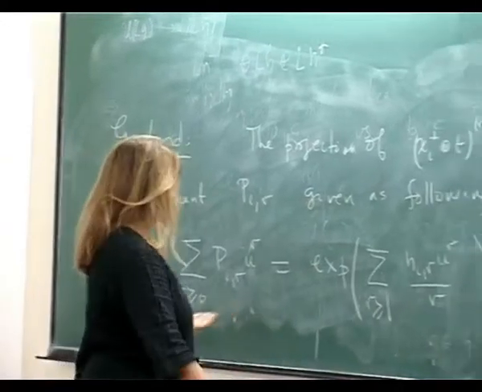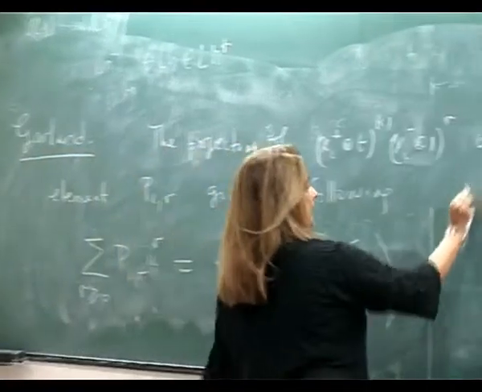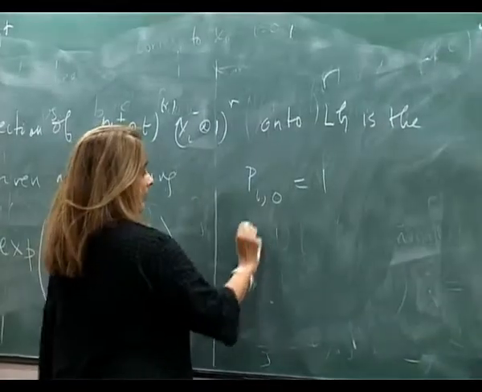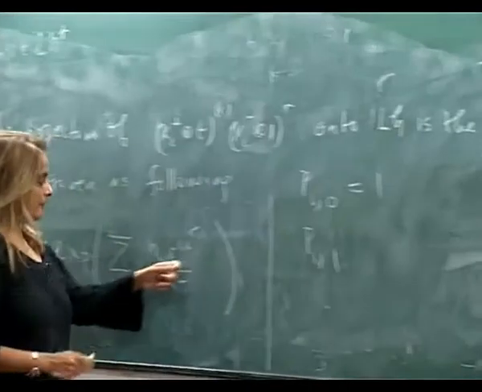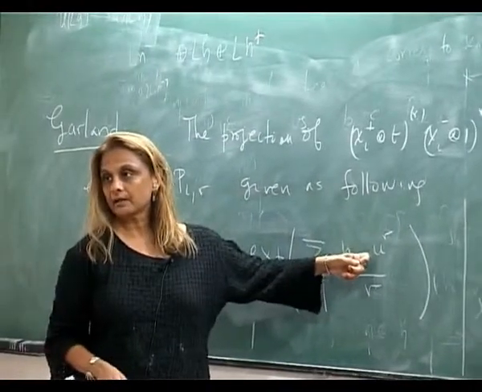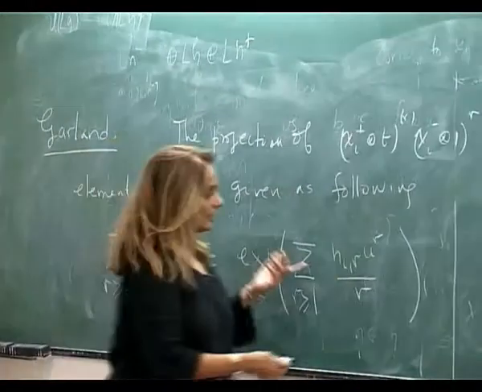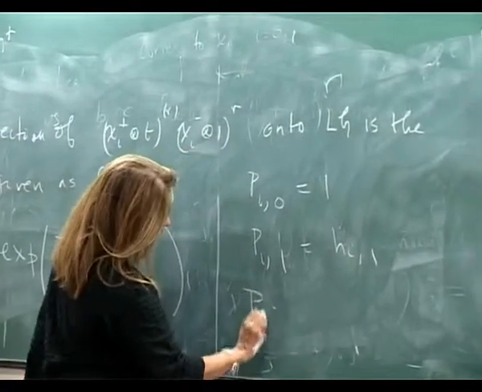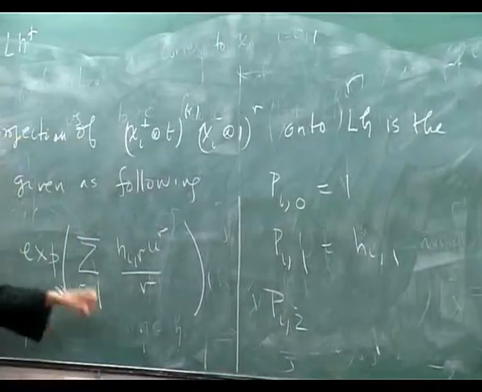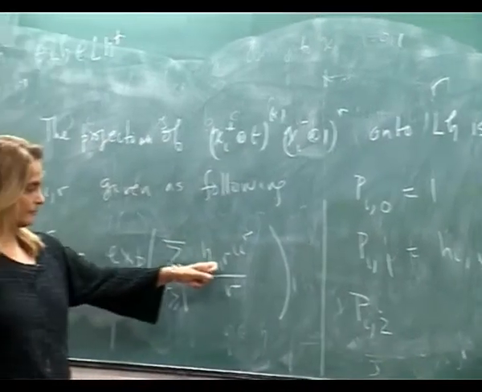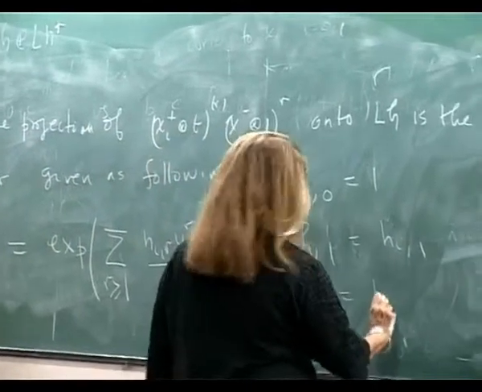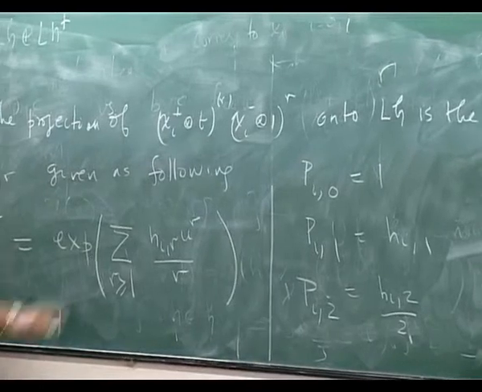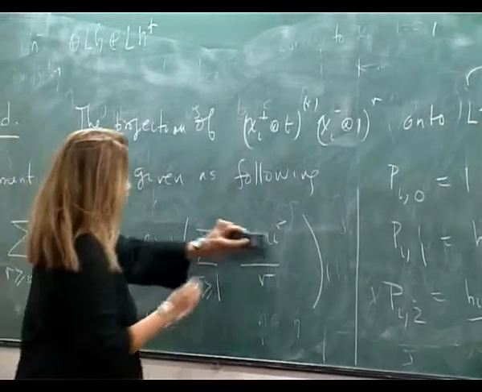So for example, PI0 will be 1. And PI1, well, it can only come from the first term, by taking r equal to 1. So that's HI1. PI2, how can it come? Well, it can't come from the constant. It can come from the first term by taking HI2 over 2. Oh, sorry, HI tensor t to the r.